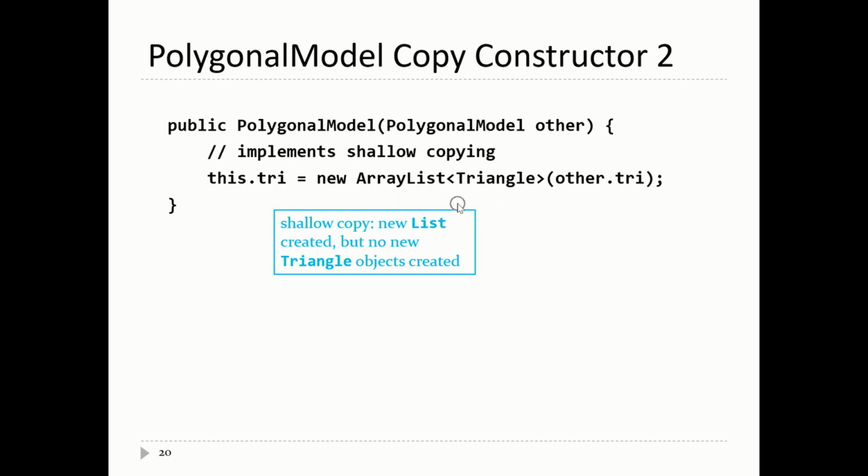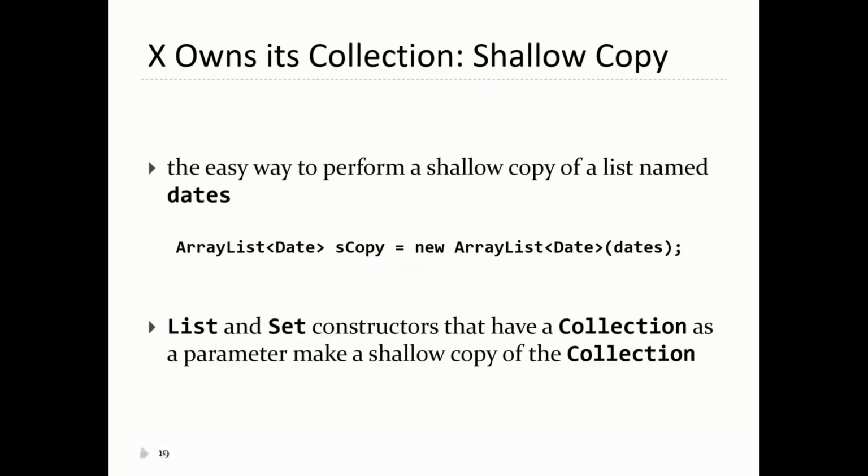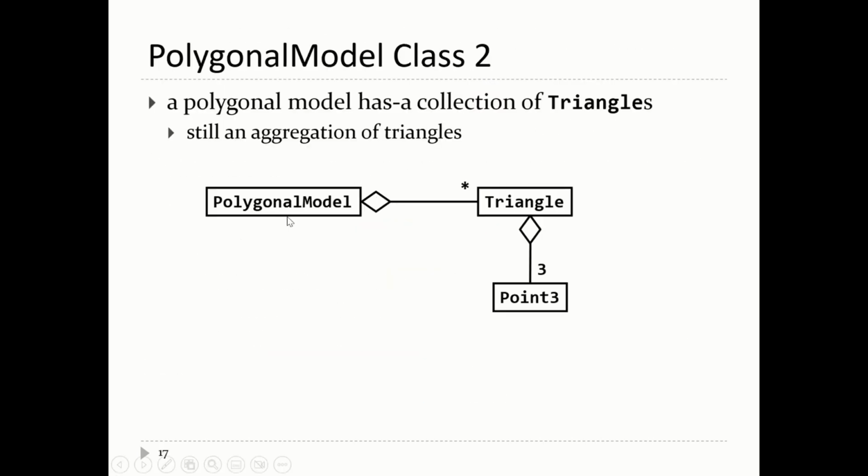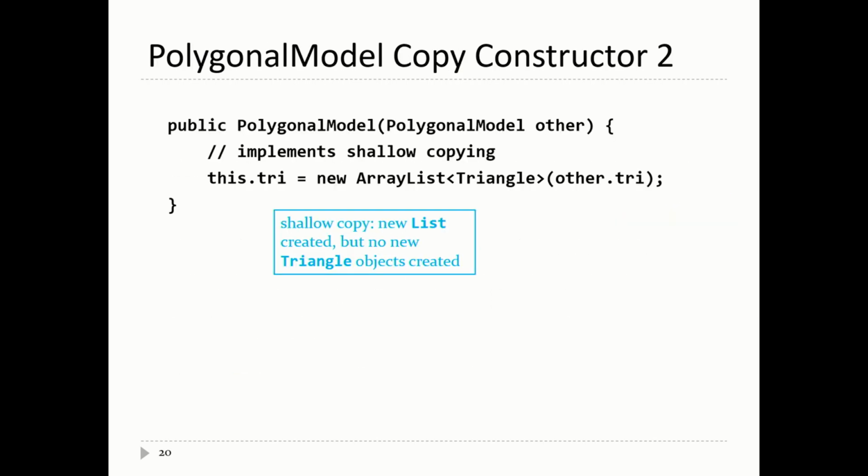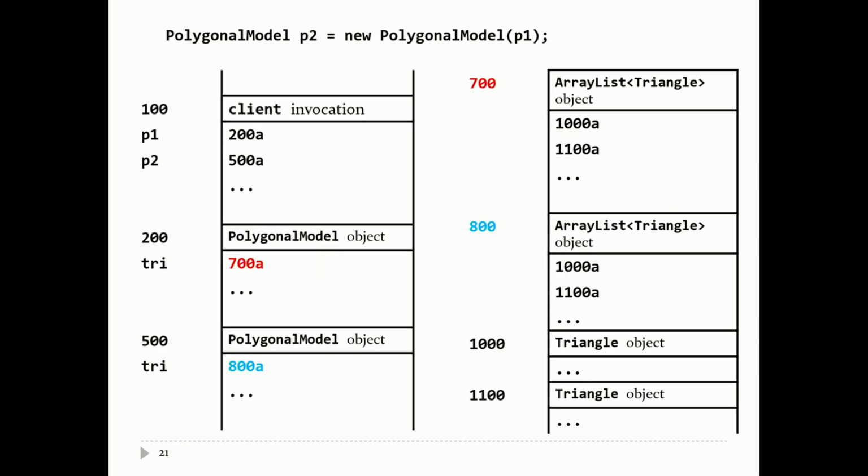So it's not considerably harder, but now you have to remember to make the copy. And the confusing part here is that now you're making a copy so it looks like composition. But you have to remember the model is still an aggregation of triangles. It's a composition of a list, but it's an aggregation of its triangles. So it owns its lists, does not own its triangles.